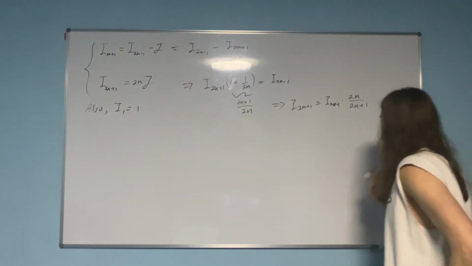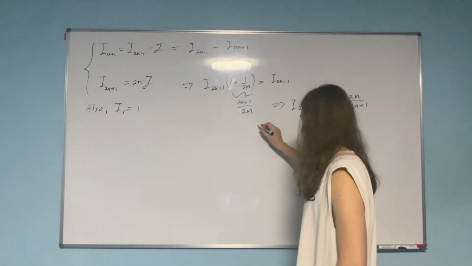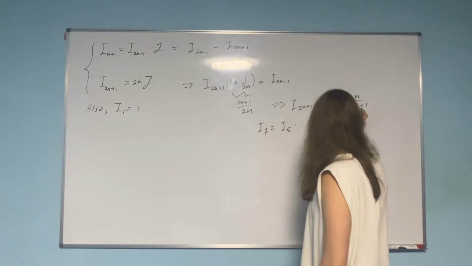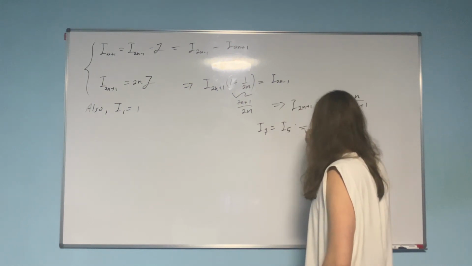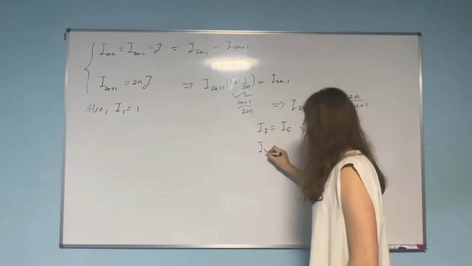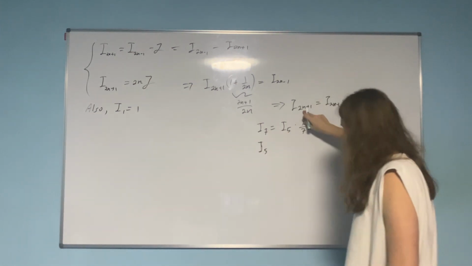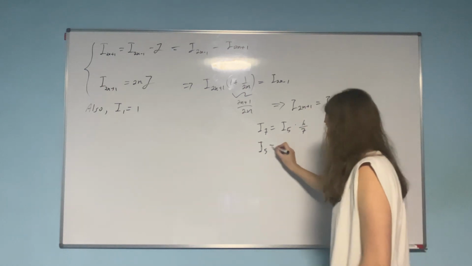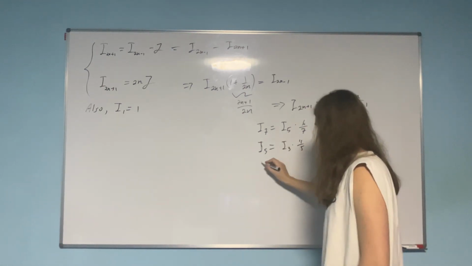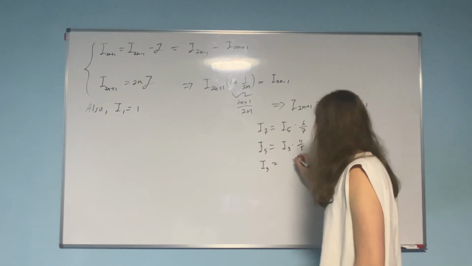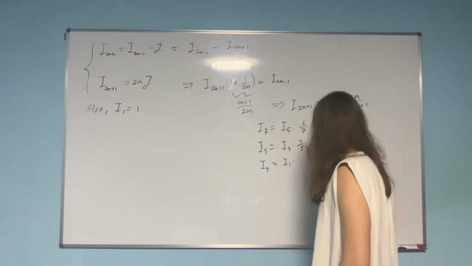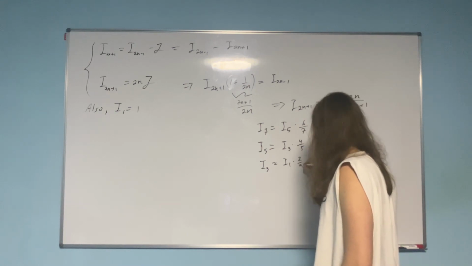Since now we have, say, I7 is I5 times 6 over 7, putting n equals 2 would give I5 equals I3 times 4 over 5, and I3 with n equals 1 would be I1 times 2 over 3.